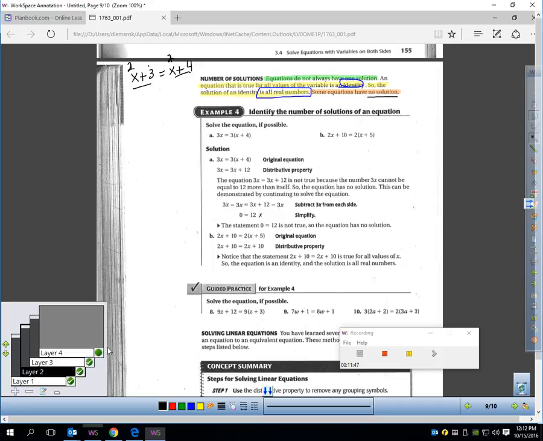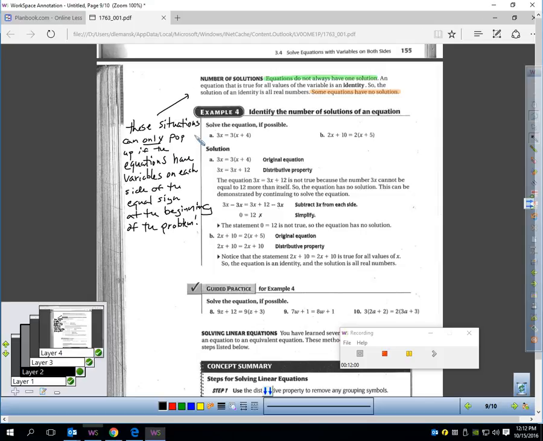Now, this next statement that I wrote out on my screen here, you should definitely put in your notes, okay? The only time you could have identity or no solution, these situations can only pop up if the equation has variables on each side of the equal sign at the beginning of the problem.